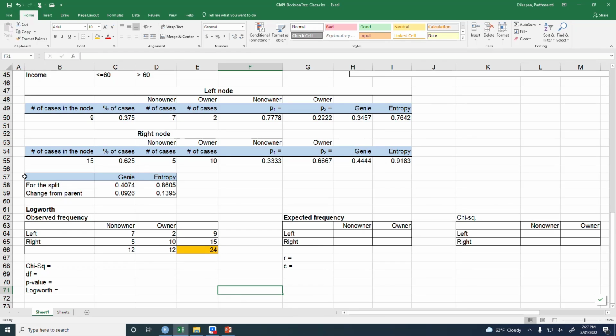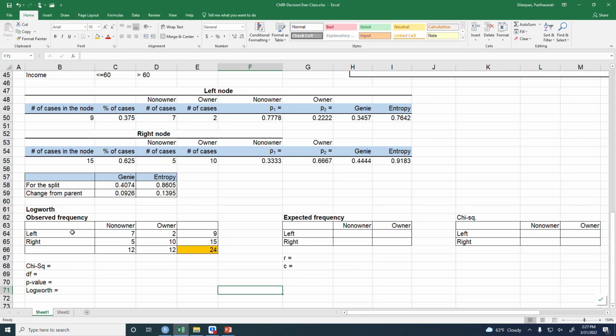Now, log worth looks at how dependent the rows are with respect to the columns in this contingency table.